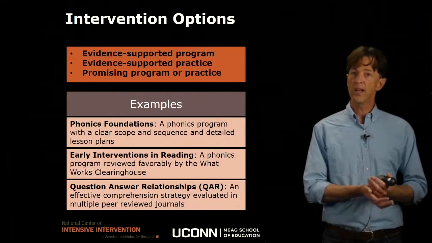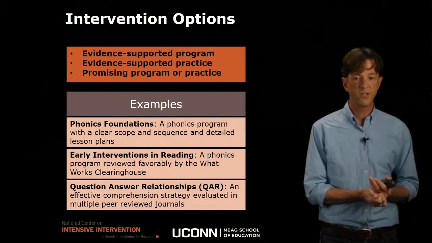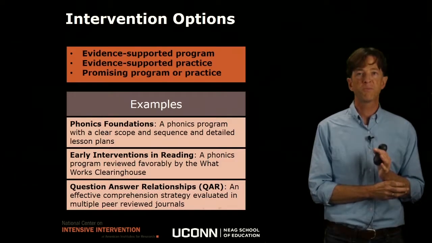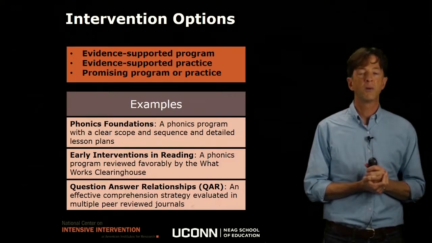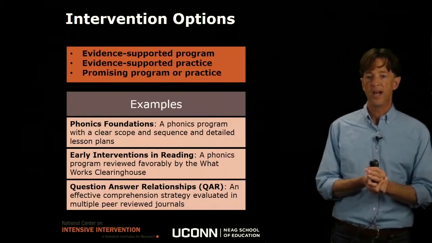So take a look at these 3 examples of intervention options for teaching reading, and decide whether you think each one of these is either an evidence-based program, an evidence-supported practice, or a promising program or practice. I'll give you a few minutes to look through these and decide how you would label each of these.